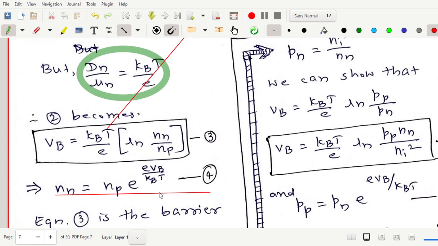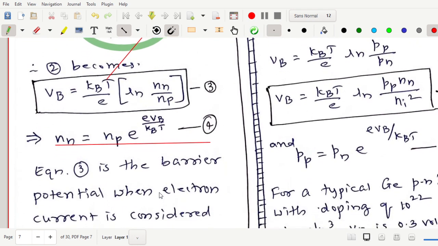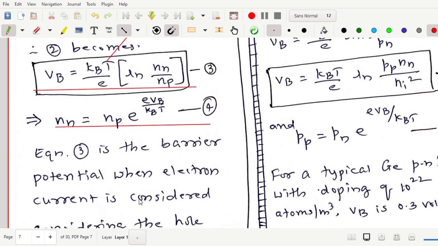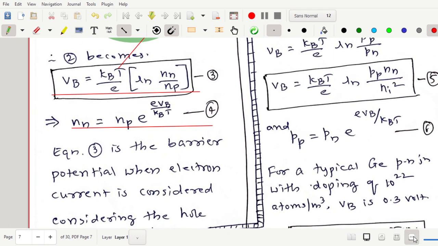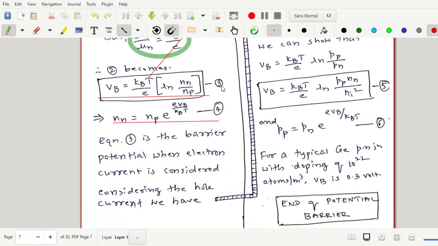So that's equation number 4. Equation number 3 is the barrier potential when electron current is considered.